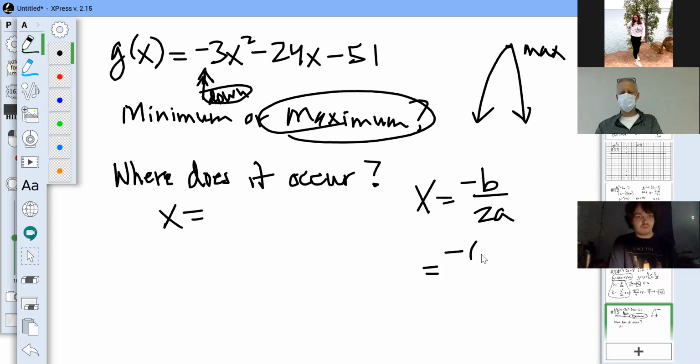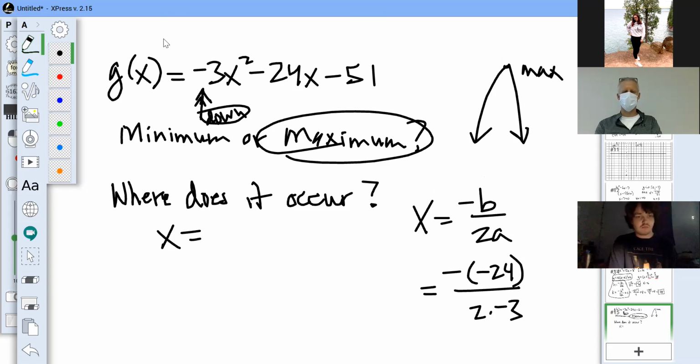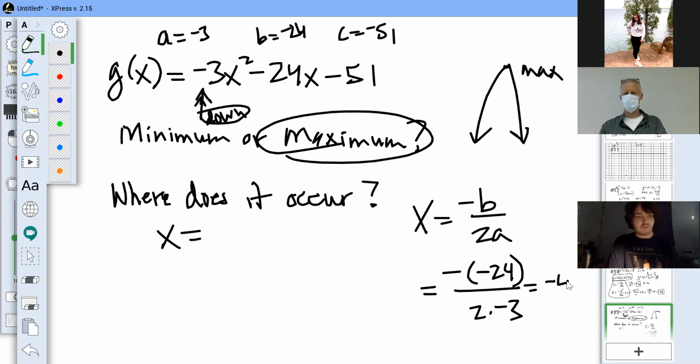Put in the opposite of -24 divided by 2 times -3. I'm just taking the values of a, b, and c out of my function. A is -3, b is -24, and c is -51. When my quadratic is in standard form, a, b, and c, just like the quadratic formula, I'm just picking out a, b, and c, and I'm going to plug them in. So opposite of -24 over 2 times -3, 24 over -6 is -4.